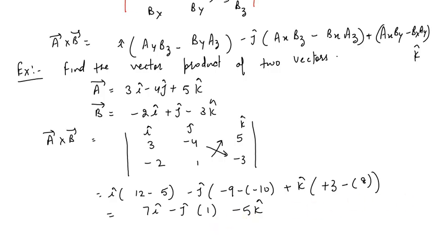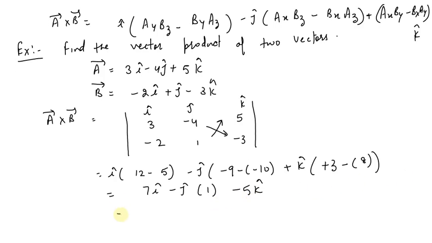So the vector product is 7i minus j minus 5k. So this is the scalar product and vector product of two vectors.